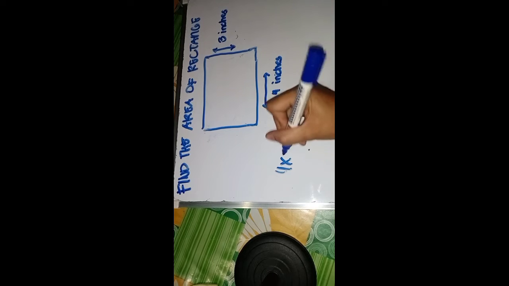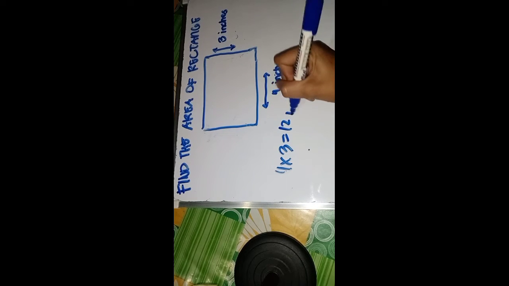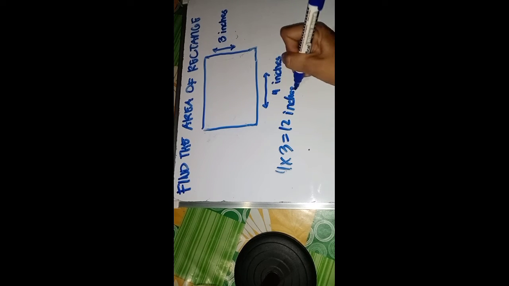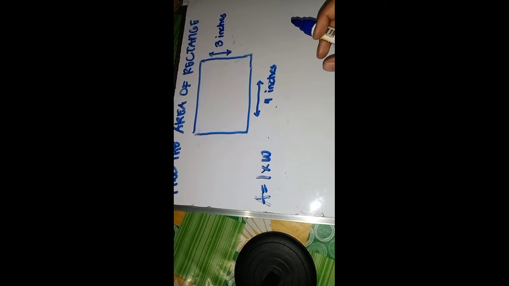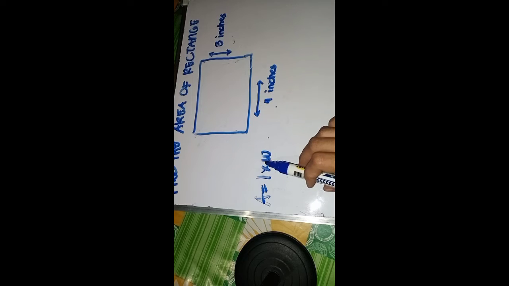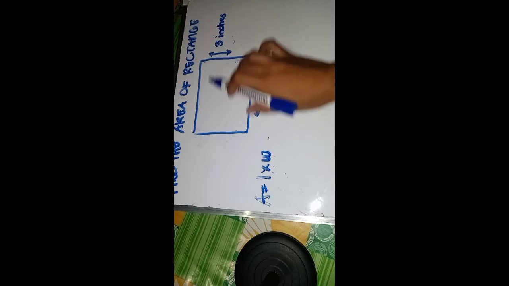So we have 4 times 3 equals 12 square inches. The area of a rectangle is obtained by multiplying its length and width. Thus, the formula for the area of a rectangle whose length and width are L and W, respectively, is the product L times W. The area of a rectangle equals length times width in square units, just like this one.